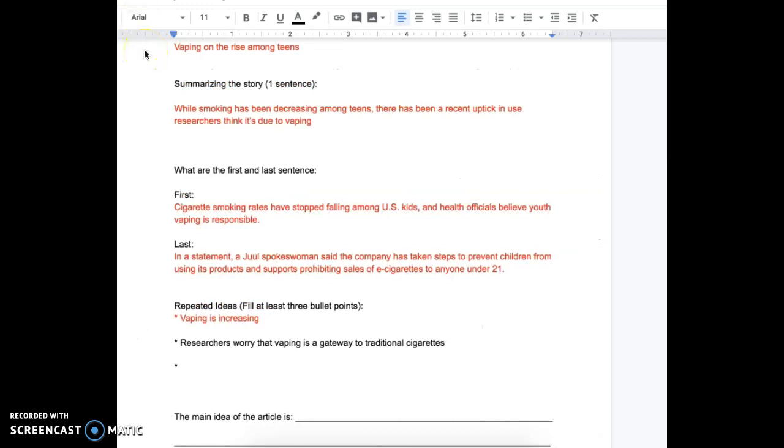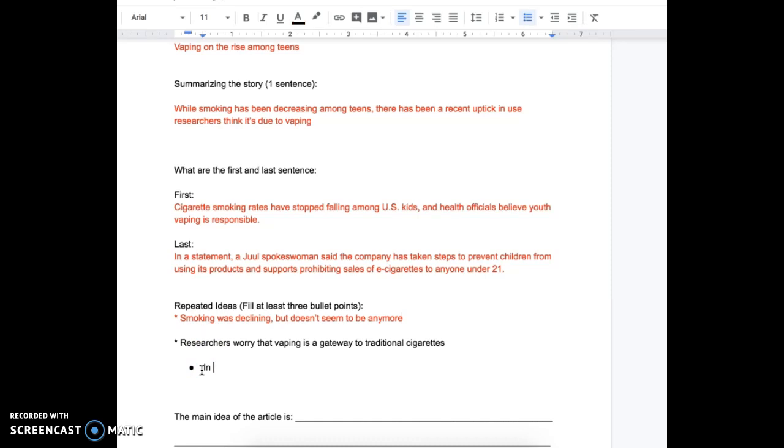I'm going to adjust here because I think just "vaping is increasing" is a little bit too broad. We'll say smoking was declining, but doesn't seem to be anymore.